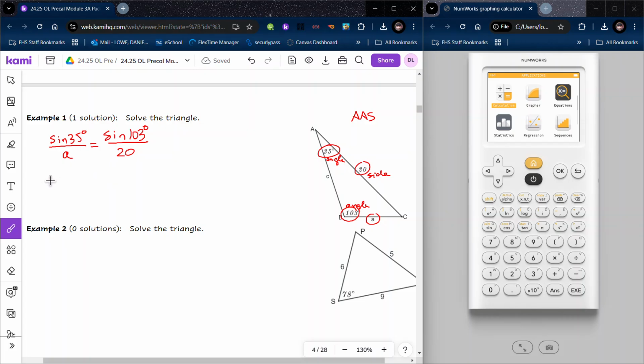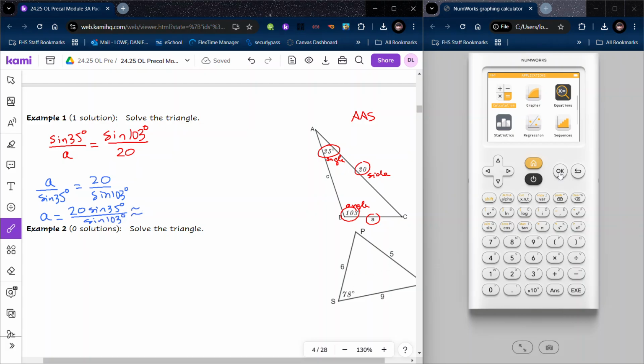So we could say that a over the sine of 35 degrees is equal to 20 over the sine of 103 degrees. And if we were to solve that, we'd be able to say that a is going to be equal to 20 times the sine of 35 degrees, all divided by the sine of 103 degrees.